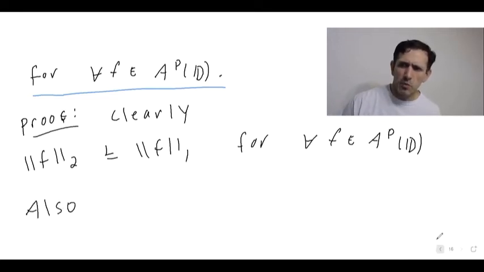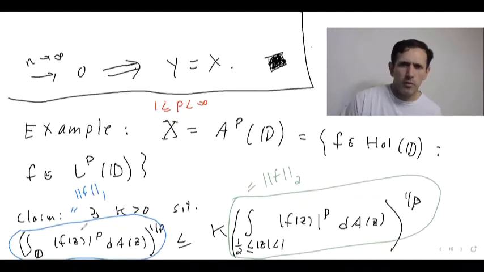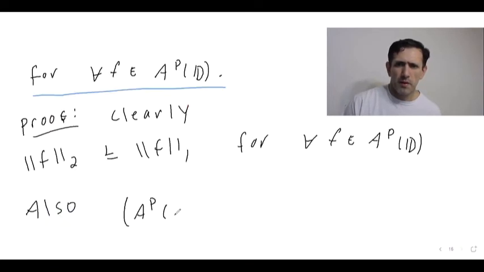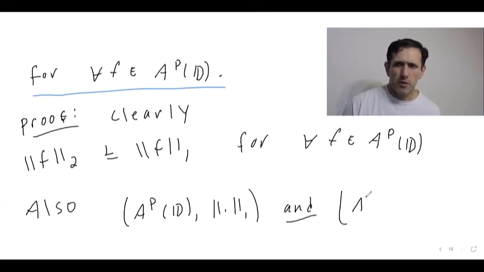It takes a little bit of work, but we've basically done the work already. We proved that the Bergman space with this 1 norm here is complete. Basically the same proof using the maximum modulus principle shows you that the AP Bergman space is complete with this norm. So both of them are Banach spaces.